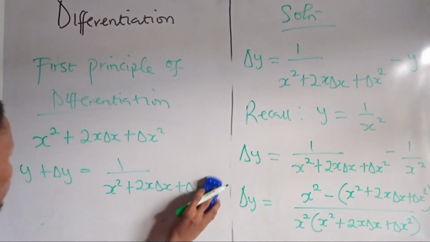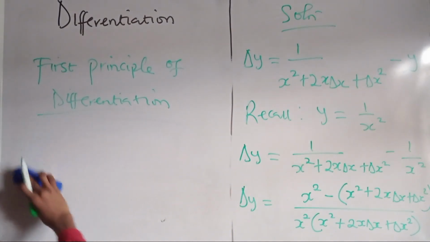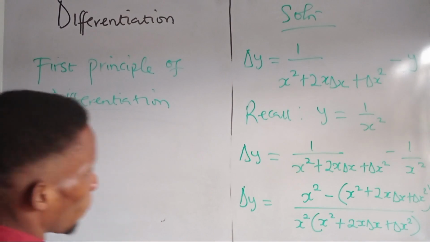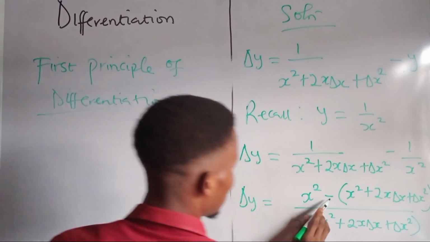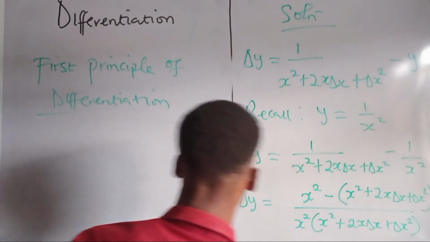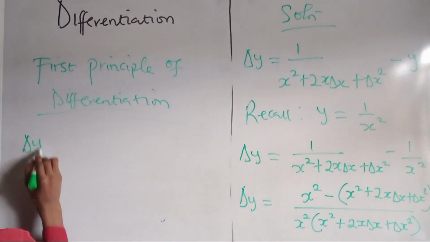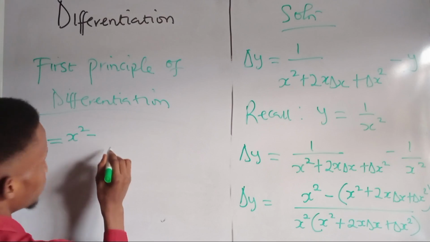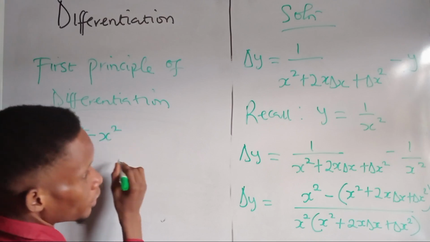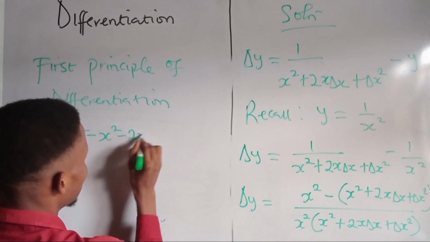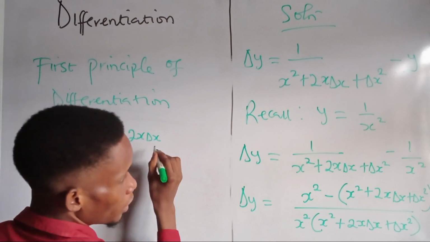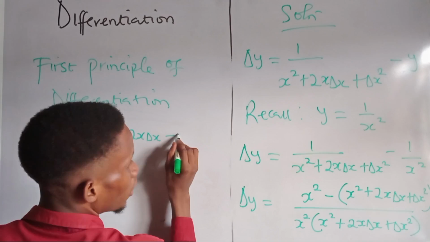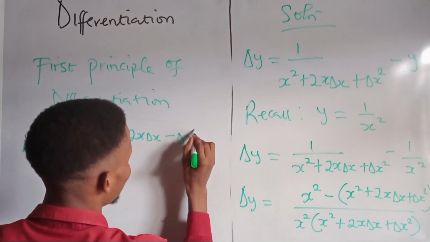So let's continue. To have reached this point, you need to clear this bracket using this minus, and you will have change in y is equal to s squared minus s squared, minus 2s change in x, minus change in s squared.